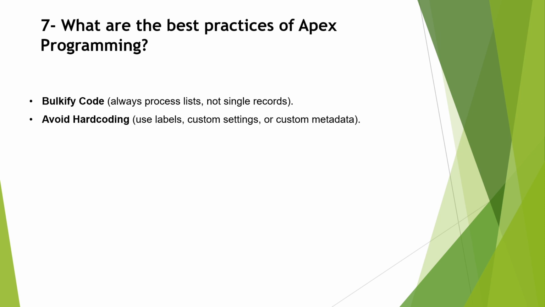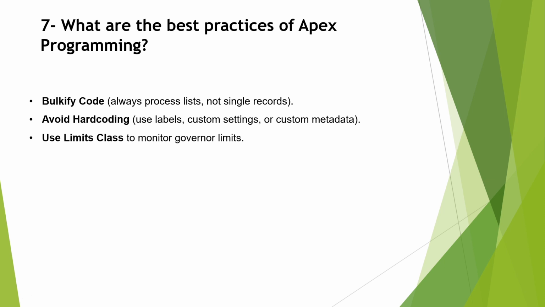Don't directly start coding any requirement. First try to fulfill it through the admin part, like custom settings. If you can fulfill the requirement that way, there is no need to code. If you cannot, then you can start coding with Apex. Third, use the Limits class to monitor governor limits.